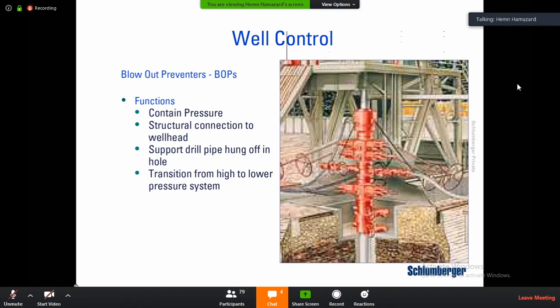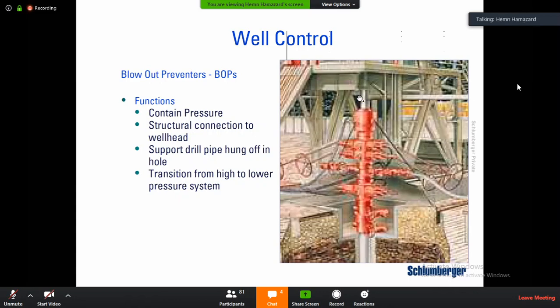If your mud is not sufficient to control the trapped gas or the formation pressure, that means the gas is coming into the hole and then to the surface, then you have to use the secondary barrier, which is the BOPs. The BOP functions contain the pressure, and it connects to the wellhead, as you see, if you see my mouse. Also, you can change the pressure rating for any equipment from lower to higher or higher to lower by changing the flange.